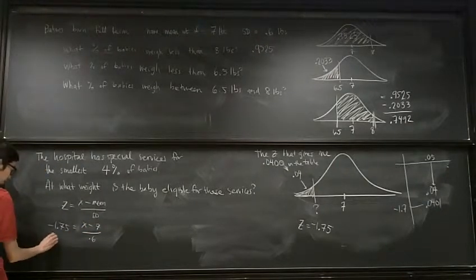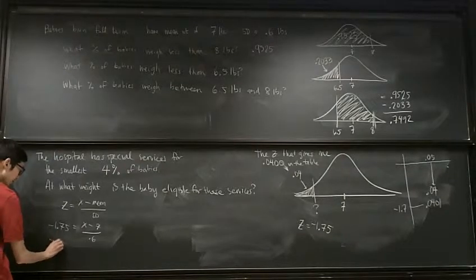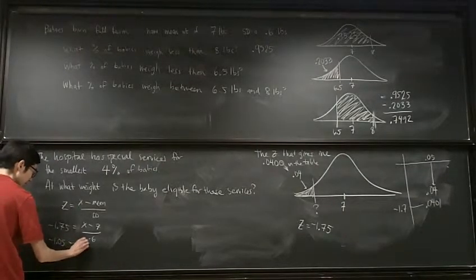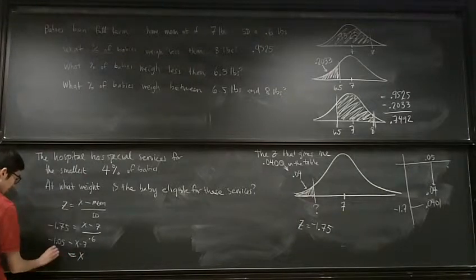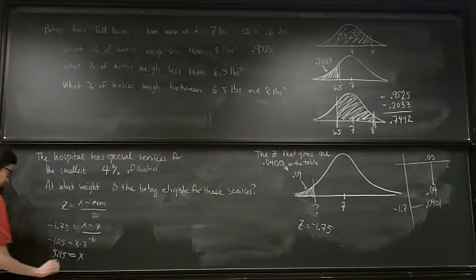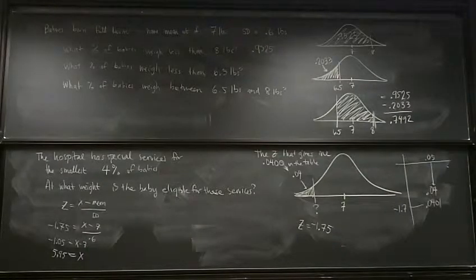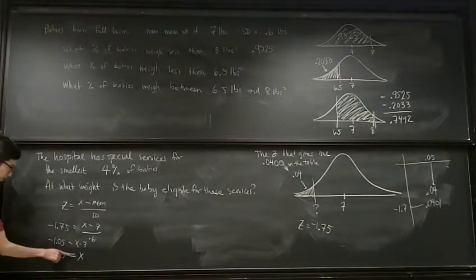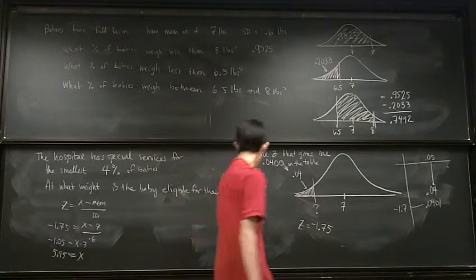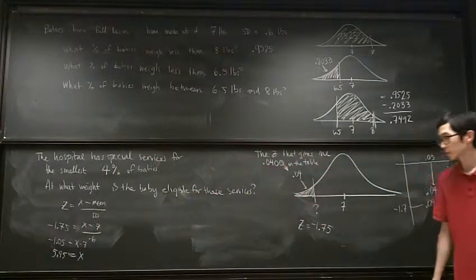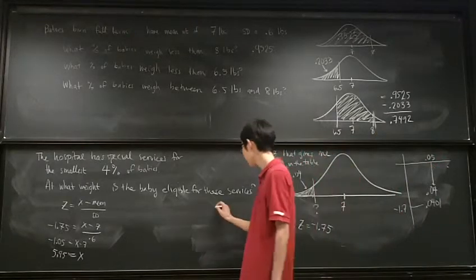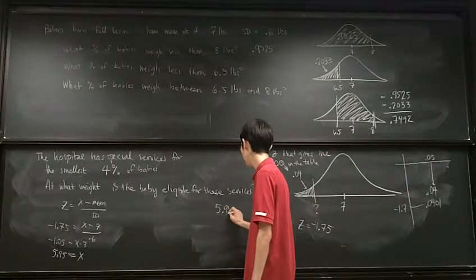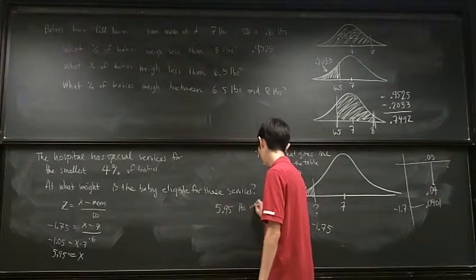So negative 1.75 equals (x minus 7) over 0.6, and x is equal to 5.95 pounds. It's just algebra. So at what weight is the baby eligible for the service? At 5.95 pounds or less.